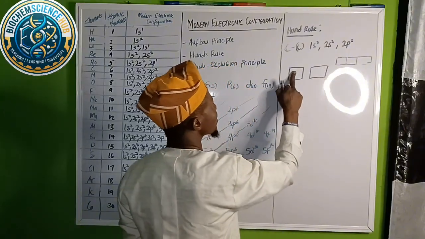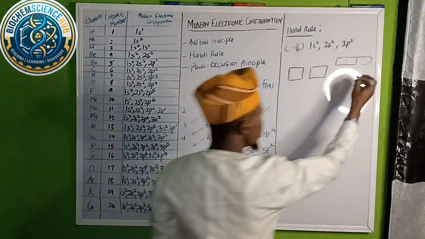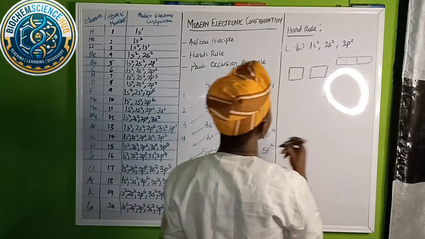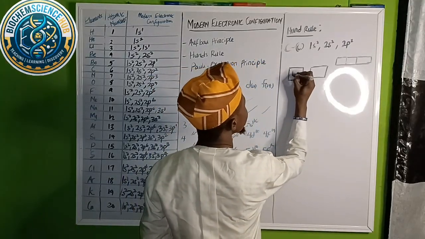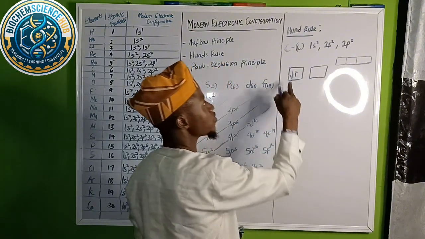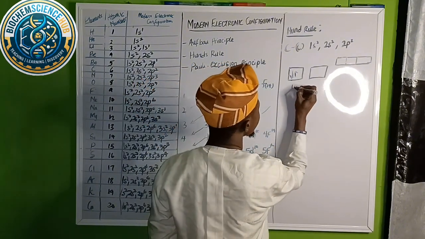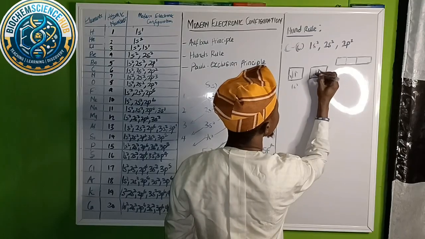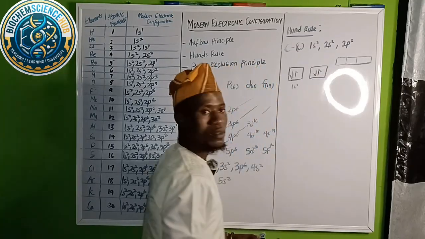Don't forget the maximum number is 2p6. So filling it like this, if one goes this way, this is for our 1s2, this 2s2, right?